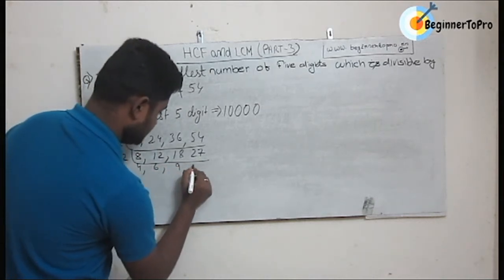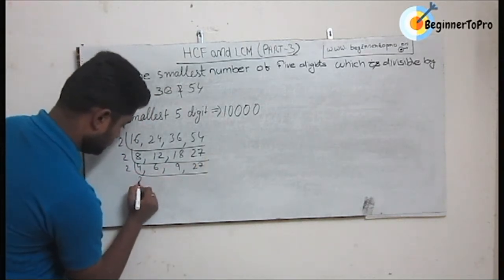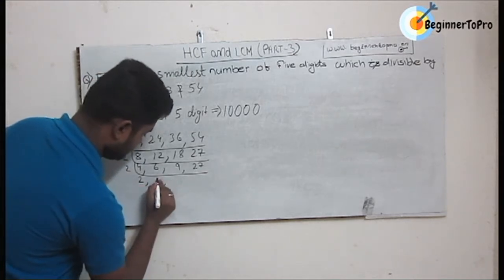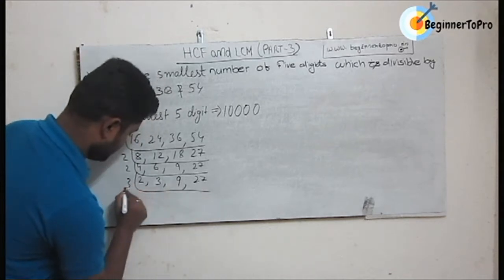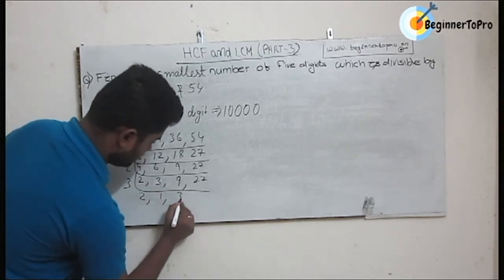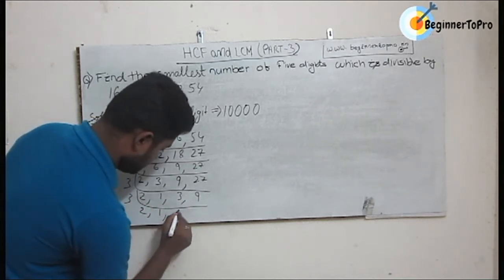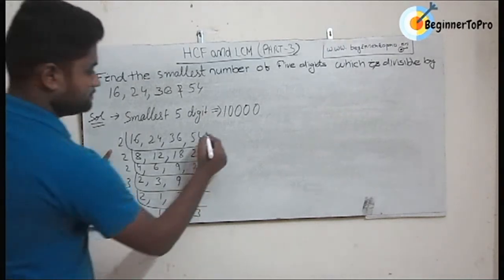6, 9, 27 will remain as it is. 2, 6, sorry, 3, 9, 27. 1, 3, 9, 2, 1, 1, 3. What will be the LCM?